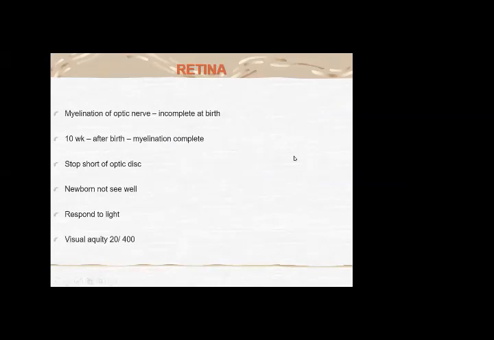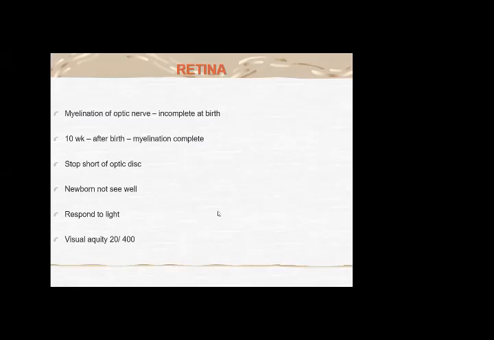Okay, myelination of the optic nerve is incomplete at the time of birth; at the age of 10 weeks of postnatal life, myelination is complete. But this myelination just goes up to the optic disc, not beyond that. Okay?